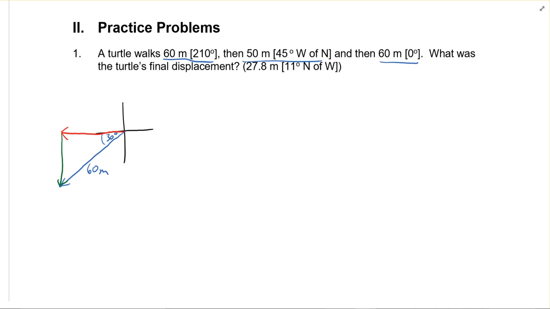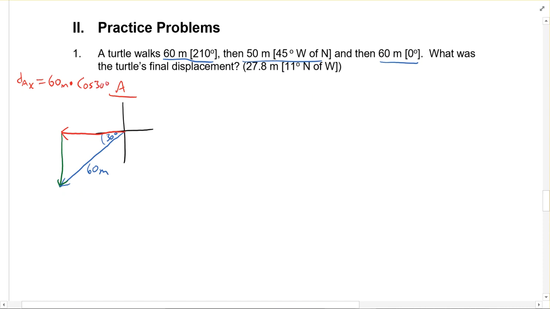Right off the bat, let's figure out the x component. We're going to call this situation A, or the first part, part A. So dxa, or dAx, is going to be equal to 60 meters times cosine 30 degrees, just like what we did above.